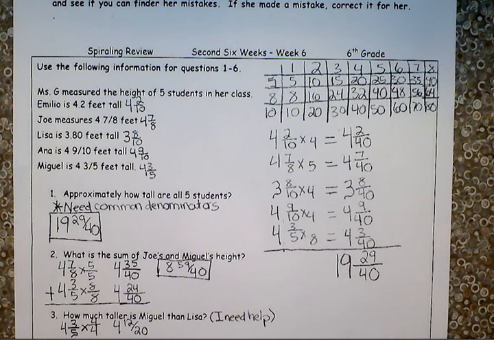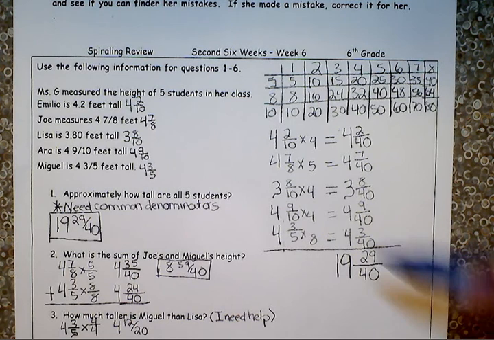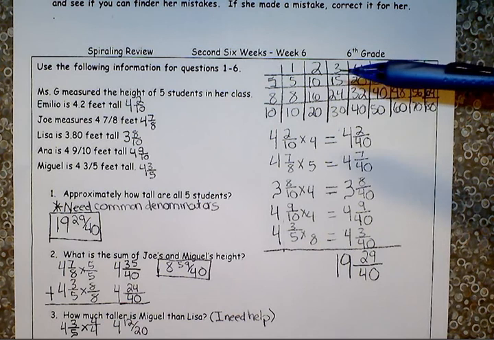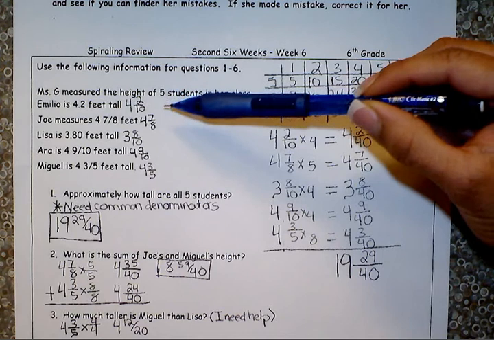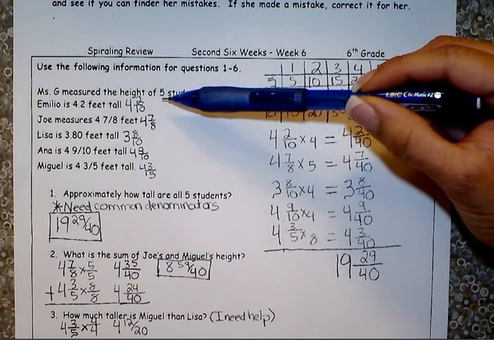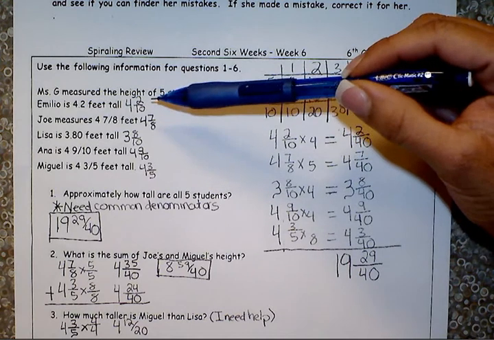Okay, so explain the first thing that you did to me. Well, I know since I have fractions and decimals, I can't do them like that, so I needed to change them. Yes, that is correct. That should be the first thing that you do. Okay, so I see we have 4 2/10. Why did you put it over the 10? Well, because the 2 is in the 10th place.